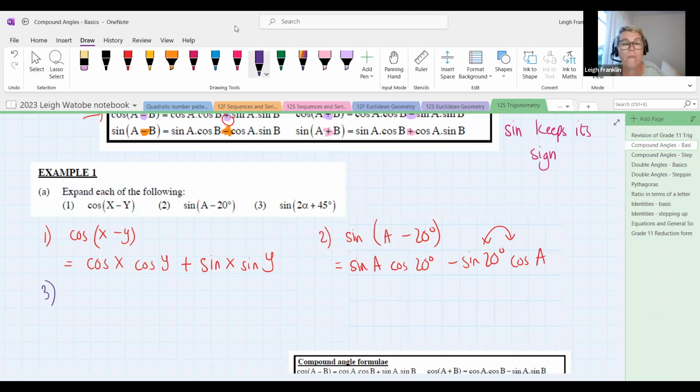We can do this. Do you want me to pick on someone? Because I can just pick on someone. Chloe, are you there? Do you want to give us number 3 as an answer? Okay. Zanake came to the rescue. There we go. Go for it. What should we write?